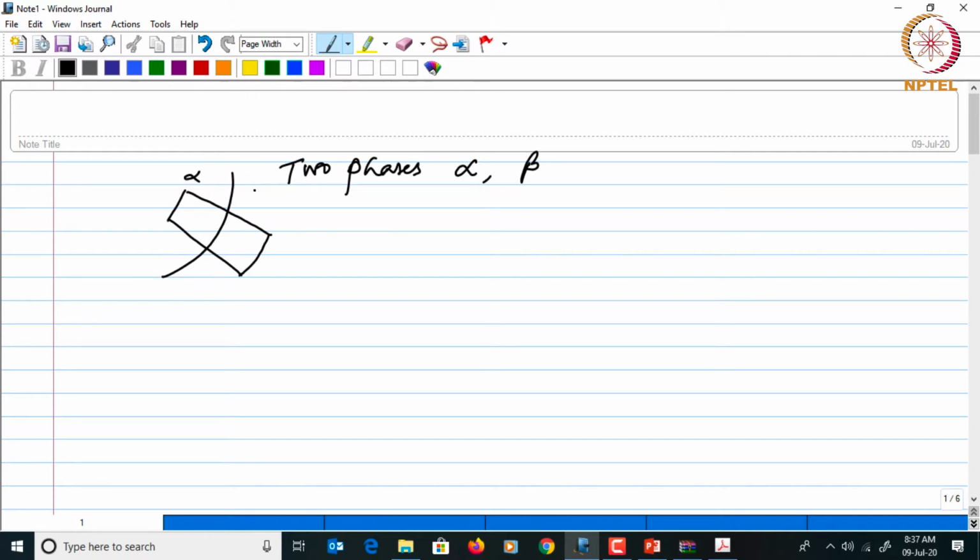This side is alpha, this side is beta, and this is the interface which separates these two phases. Okay, let the volume of the phase alpha be V alpha and that of phase beta be V beta.